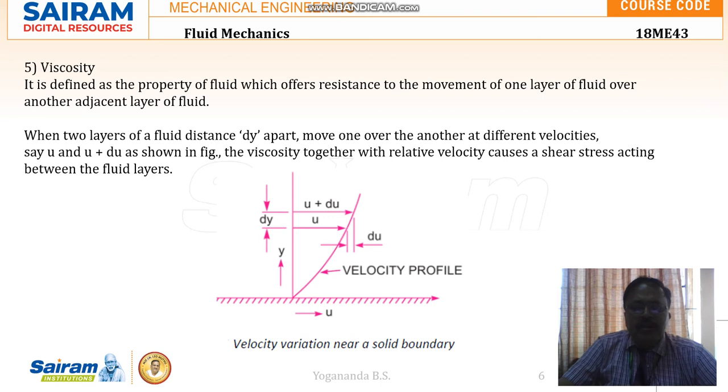The velocity difference is the difference of u and u plus du, that is du. It causes the shear stress acting between the fluid layers. On the x-axis we are showing the velocity u, and on the y-axis the distance between the layers of the fluid.